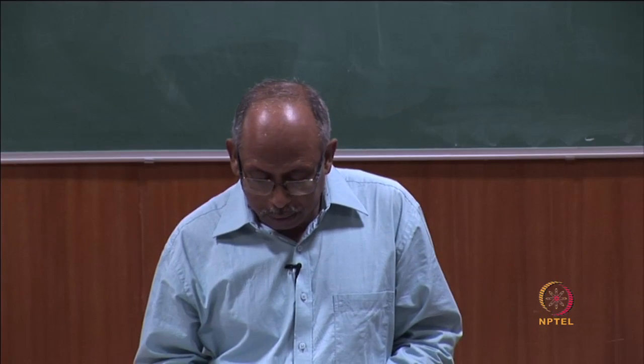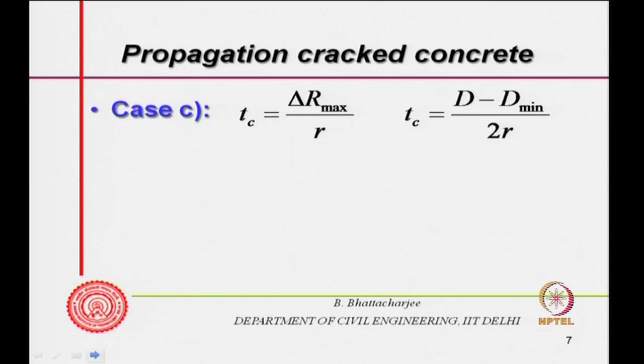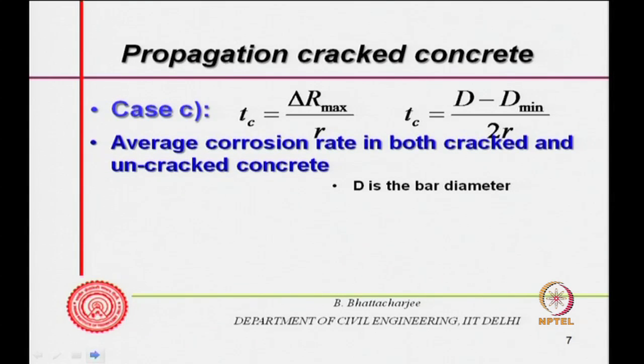So, case C, the last one, the cracking of cover concrete, is given as D minus D min divided by 2 R, and T c is D over R max, as we have seen earlier. Now, D is the bar diameter and R is the average corrosion rate for both cracked and uncracked concrete. This is for uncracked concrete, this is for cracked concrete, D minus D minimum divided by 2 R, where R is the average corrosion rate for both cracked and uncracked concrete.